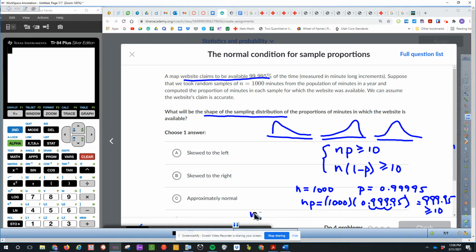How about n times 1 minus p? You're taking 1,000 times 1 minus 0.99995.